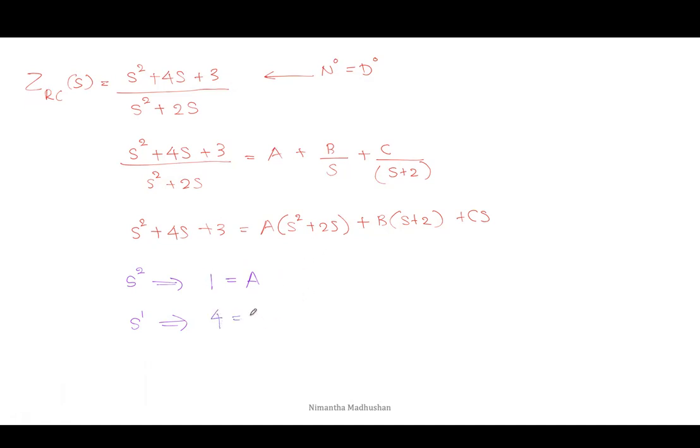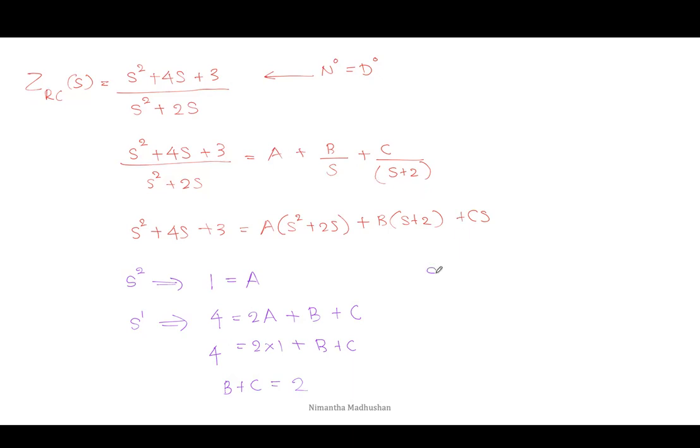From the right hand side, 2A plus B plus C. A is equal to 1, so 2 into 1 plus B plus C is equal to 4. Then B plus C is equal to 2.